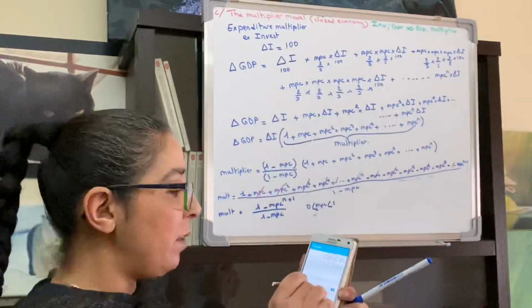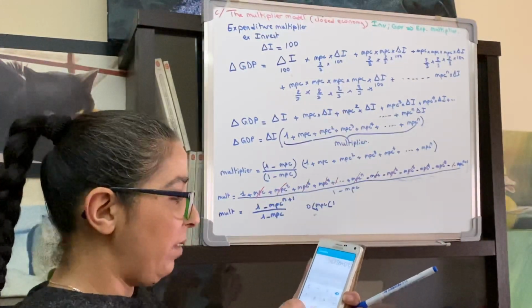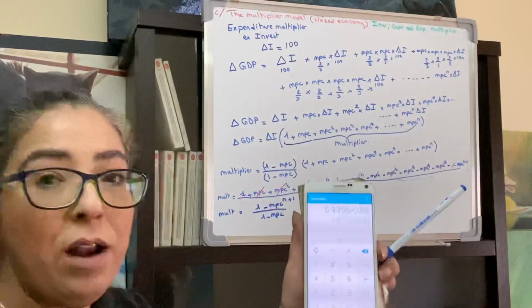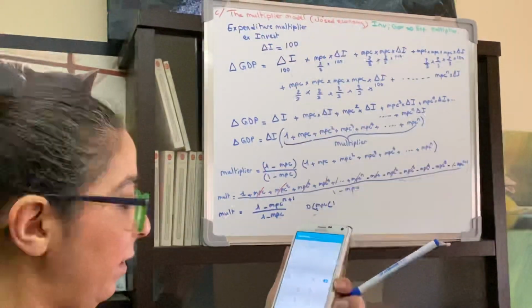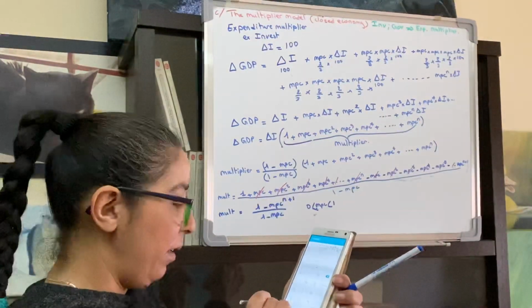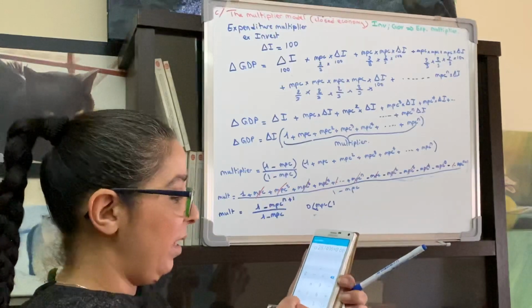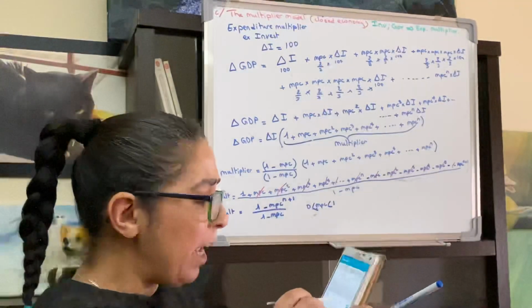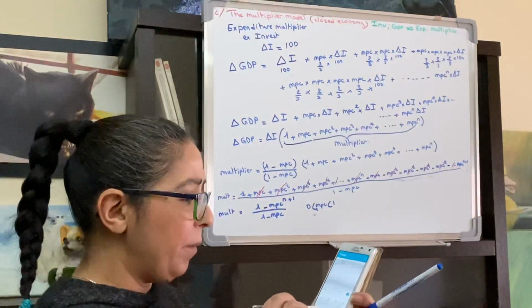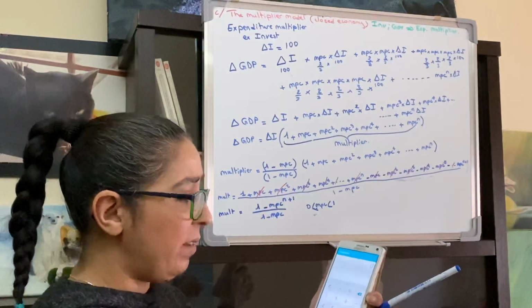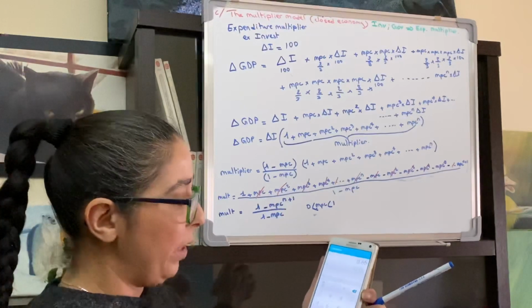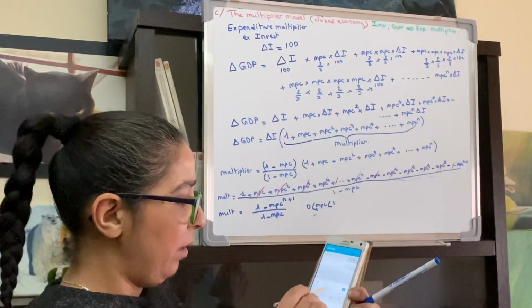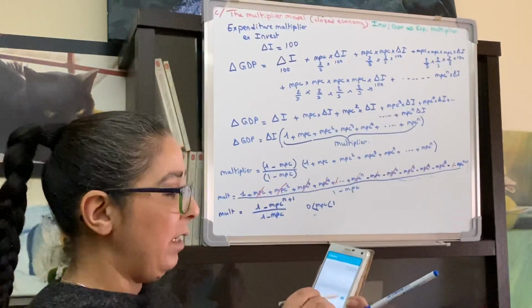Well, I'm going to multiply it again by 0.66. It's going to get smaller. 0.28 multiplied by 0.66 is 0.1. Imagine you multiply it so many times. It's actually a division you're doing.